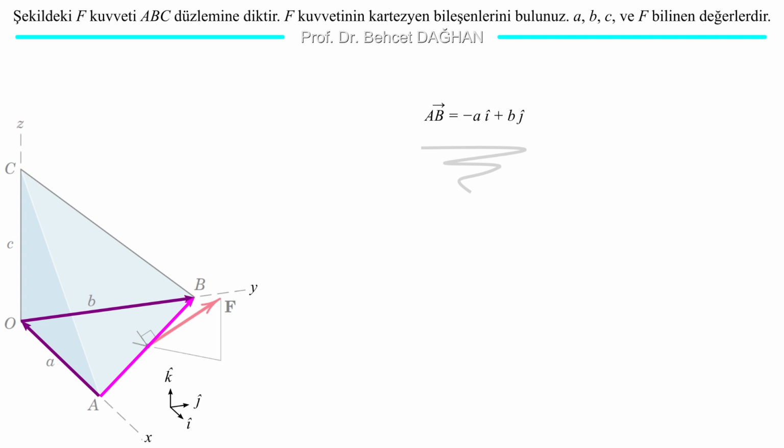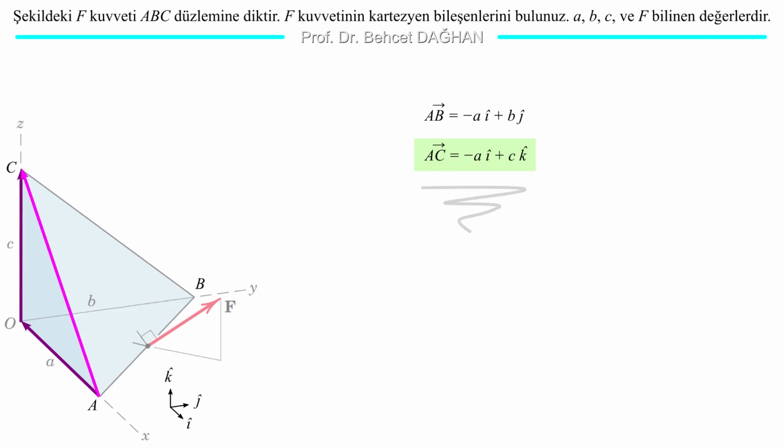We reach point B without needing to go parallel to z. Therefore, AB equals minus A i plus B j. Let's write the AC vector. Similarly, we get AC equals minus A i plus C k. The AB vector has no z component, and the AC vector has no y component.